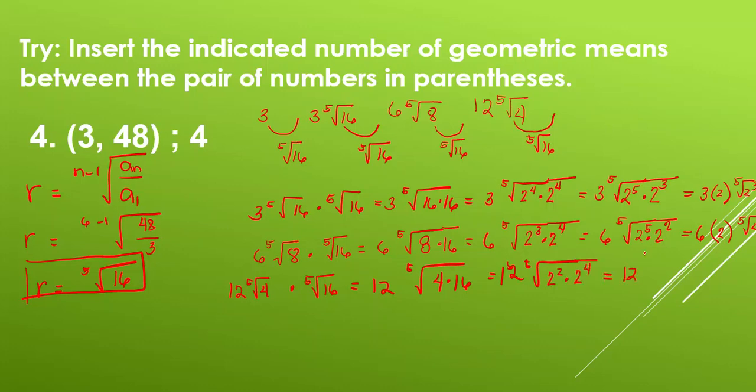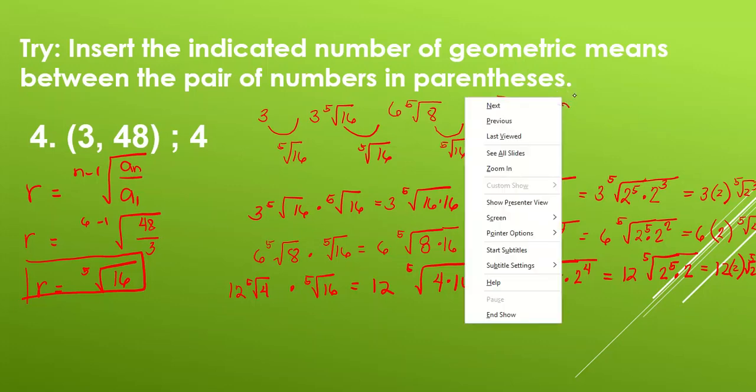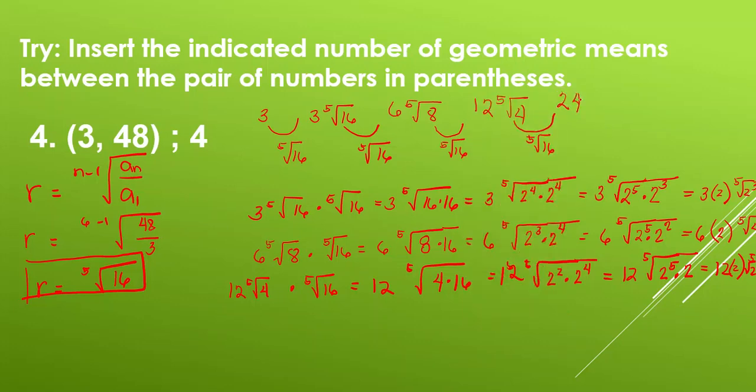So 12 fifth root of, that can be expressed as 2 raised to 2 times 2 raised to 4, which can be expressed as 2 raised to 5 times 2. They still equal 2 raised to 6. It's equal to 12. Then you have a perfect 2 here. Then fifth root of 2. Therefore, this term is 24 fifth root of 2. Right?